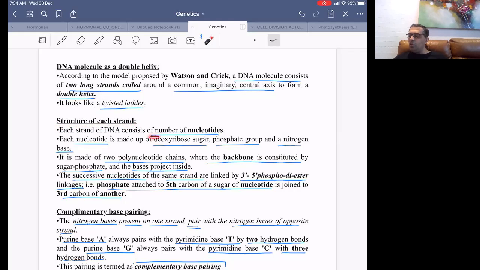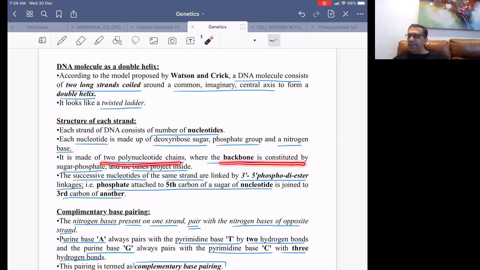The strand consists of a number of nucleotides, to be specific, deoxyribonucleotides. Each nucleotide is made up of a deoxyribose sugar, a phosphate group, and a nitrogen base. It's made of two polynucleotide strands.